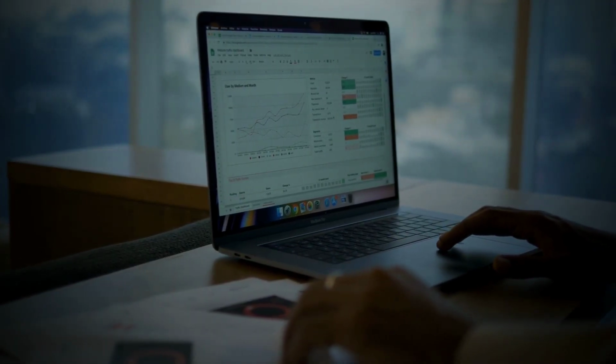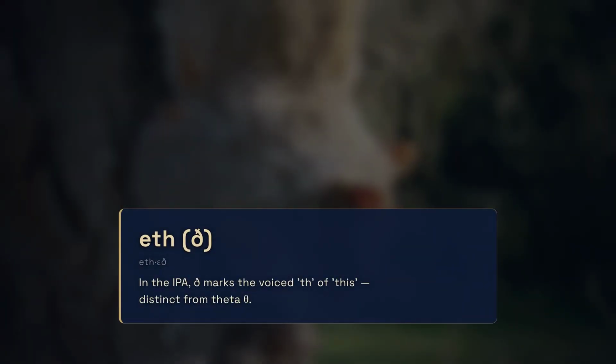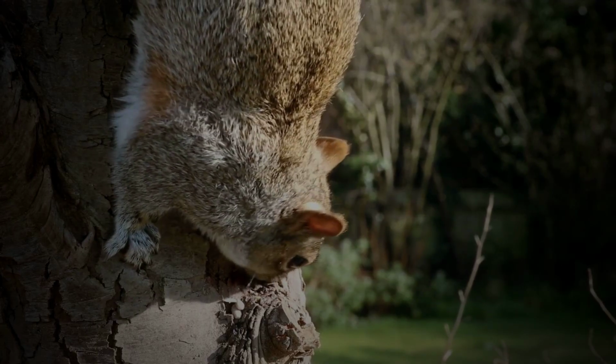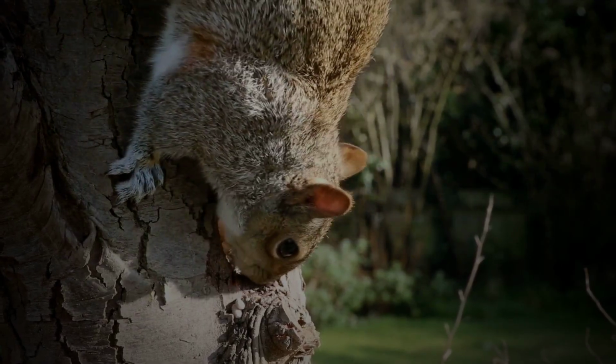In the IPA, ð marks the buzzed "th" of "this," while the Greek letter theta marks the breathy "th" of "thing," the two sounds English once let thorn and eth share without distinction. The letters emigrated and survived.